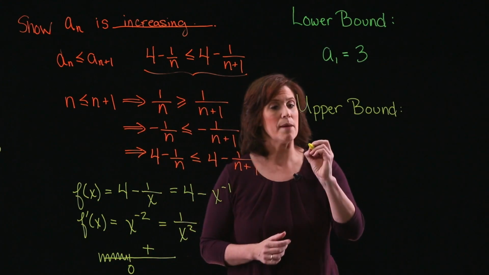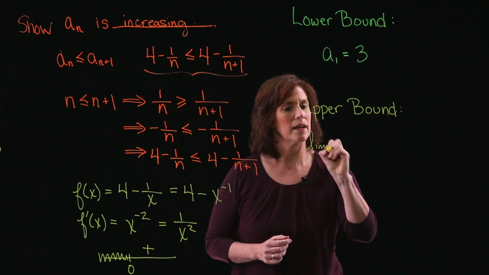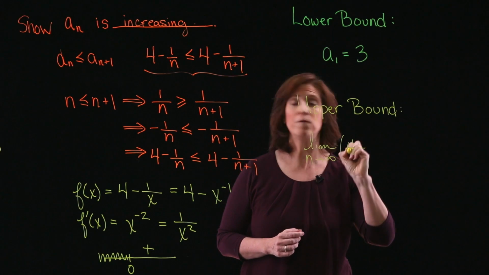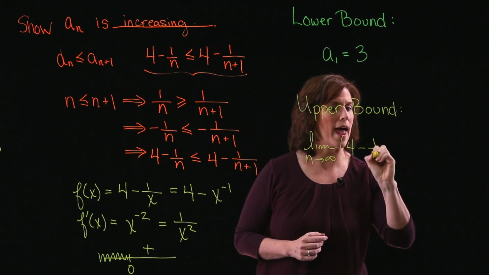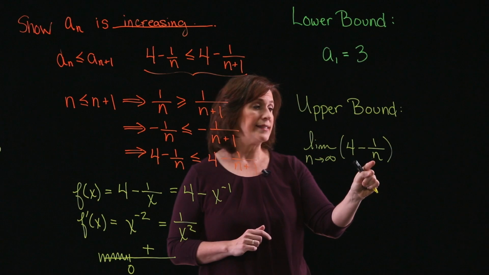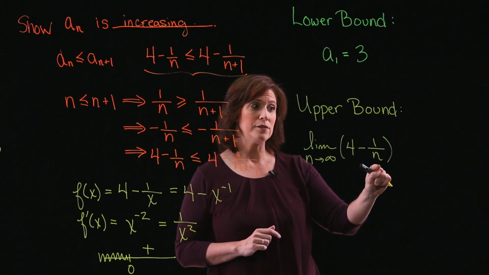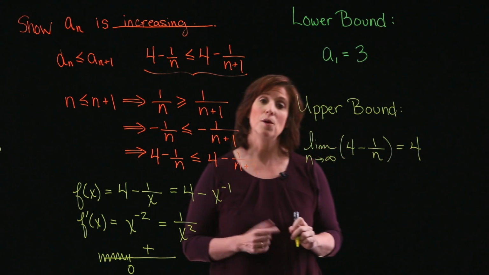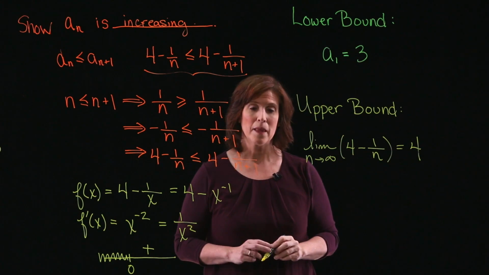So let's examine the limit as n approaches infinity of 4 minus 1 over n. As n approaches infinity, 1 over n goes to 0, and my entire expression goes to 4. So its upper bound is 4.